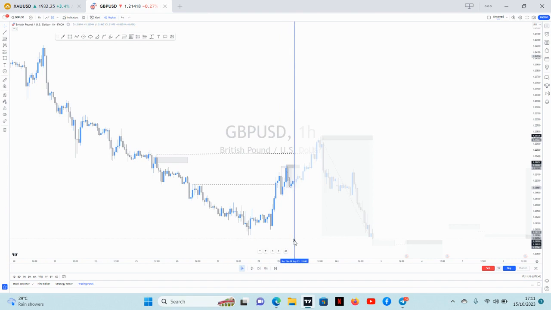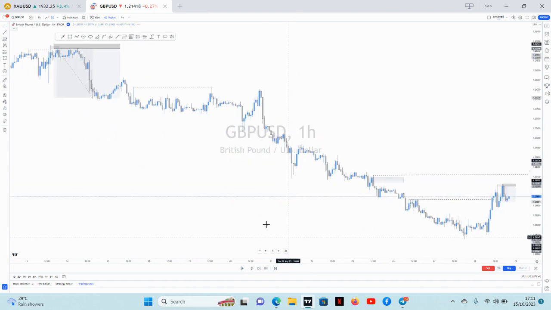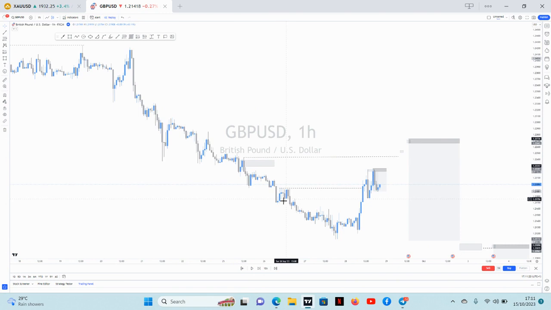I'll just keep doing this like this so you guys understand what I'm doing. So first thing first, this was the fair value gap and this high was formed inside this fair value gap. I'll take this and put it here inside this fair value gap. So it was a valid liquidity for me.